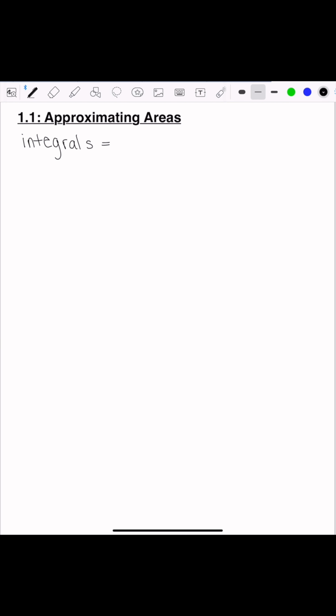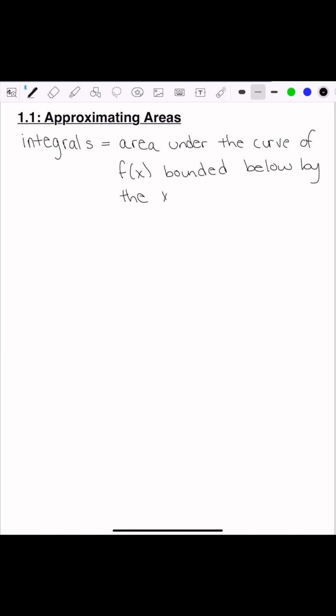Integrals are literally the area under the curve of f of x, our function, bounded below by the x-axis. So we're going to use capital A for area is equal to the integral. This elongated s is our integral symbol, and then that's the integral of our function.